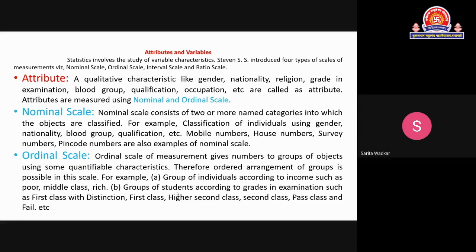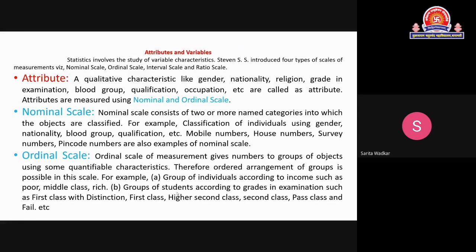Whenever you are calling 413133, the pin code is from the MIDC of Baramati, and 413102 is from the city area of Baramati. So here we are differentiating according to category. So nominal scale consists of 2 or more named categories.